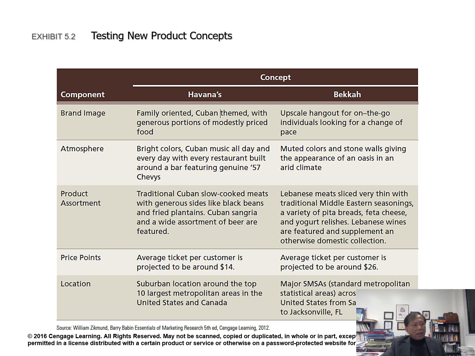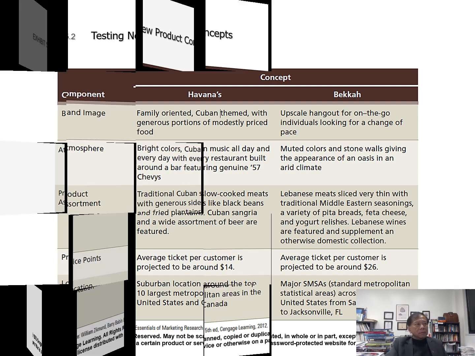Location: for Havanas, you may want a suburban location around the top 10 largest metropolitan areas in the U.S. or Canada. And for Becca, you want to choose a major SMSA, standard metropolitan statistical area, in places like Jacksonville, Florida. So this shows you where you want to use qualitative research to test new product concepts.